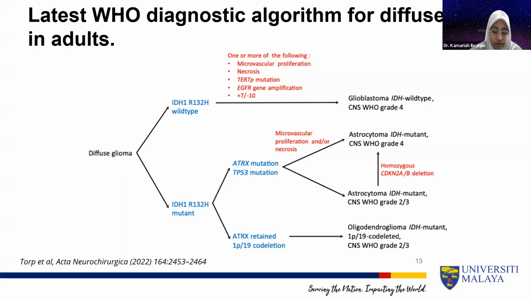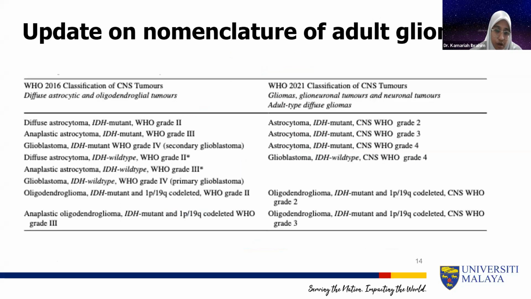Okay, so I'm not going to go further into that, but basically glioblastoma would fall into the IDH wild type, grade 4. So what is the major difference between the previous WHO 2016 classification and the WHO 2021 classification is that the classification has been simplified regardless of the histological morphology.